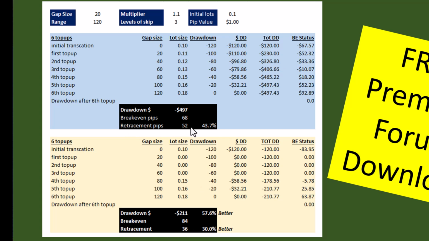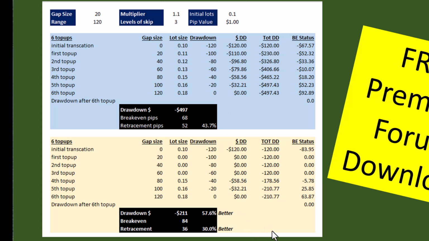There we needed a 52 pip retracement from 120. The price needed to go back to reach the break-even point by 52 pips. Here it only has to go back by 36 pips, which is a 30% improvement.